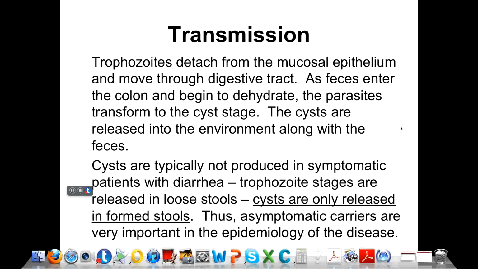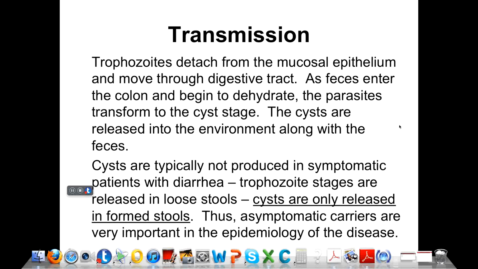Just to clarify the term morbidity, morbidity refers to disease and incapacitation. So we typically talk about morbidity, which is the illness, and mortality, which of course is death.